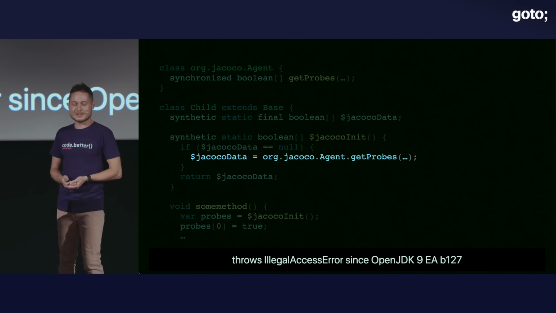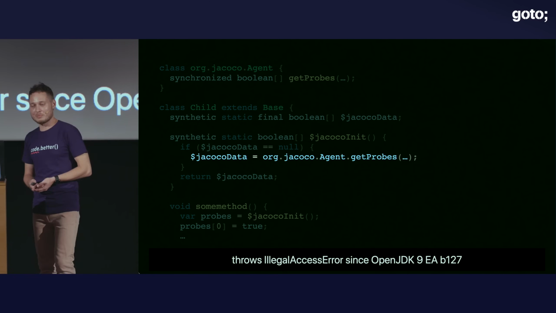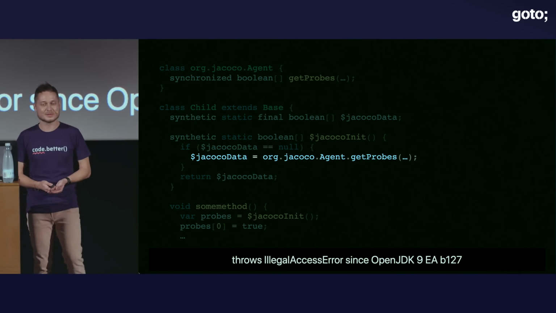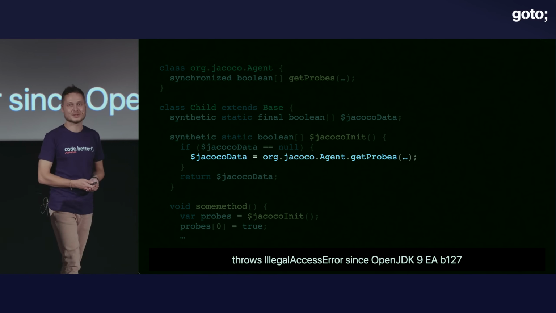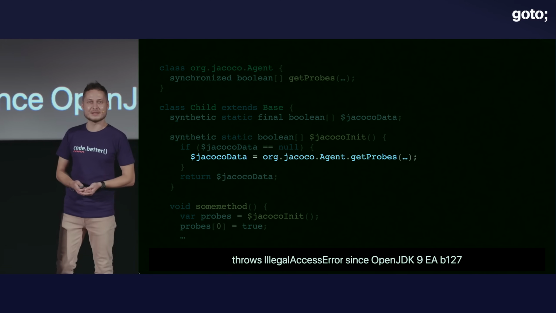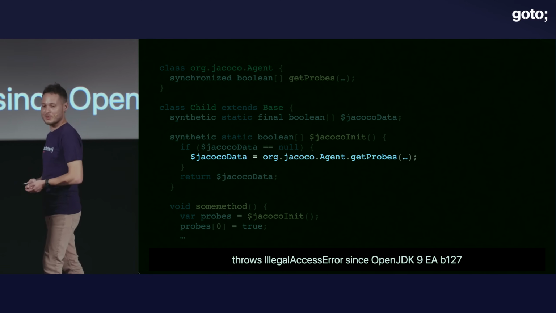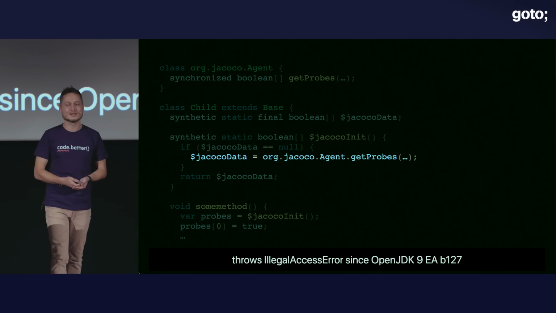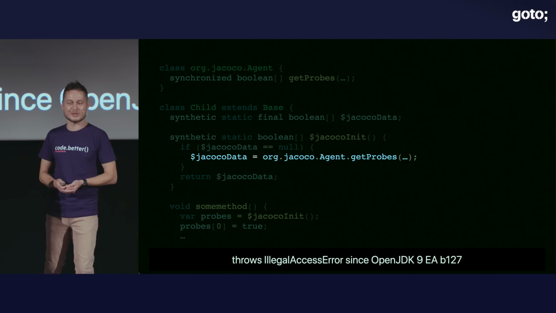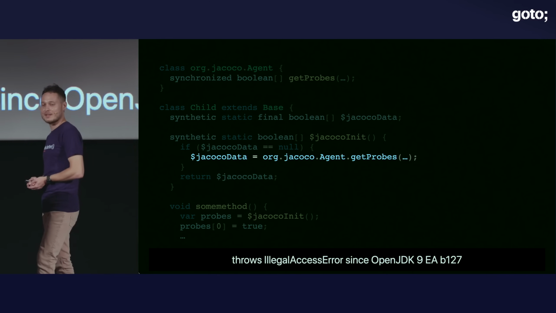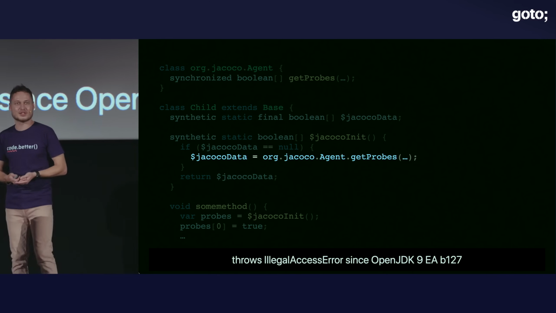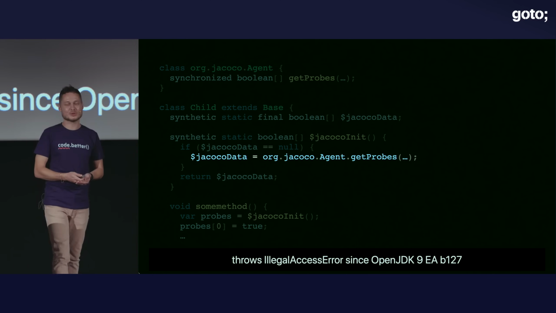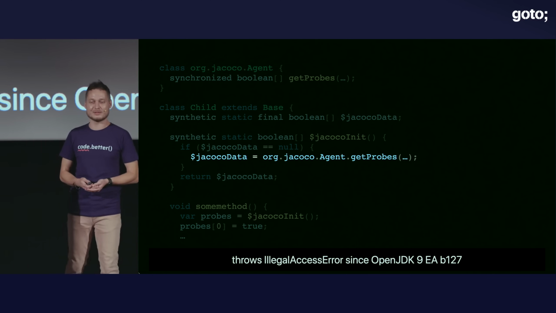It turns out that while Java compiler doesn't permit you to write a code that writes into static final field from the method, Java virtual machine wasn't doing so for quite a long time, till Java version 9, till OpenJDK version 9. This was not checked on the Java virtual machine level. It was only enforced on the compiler level.